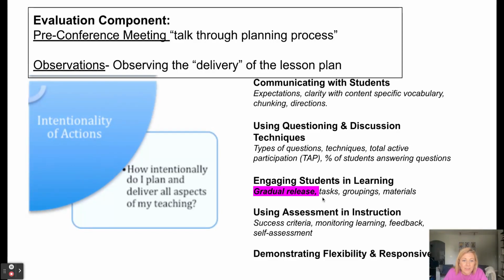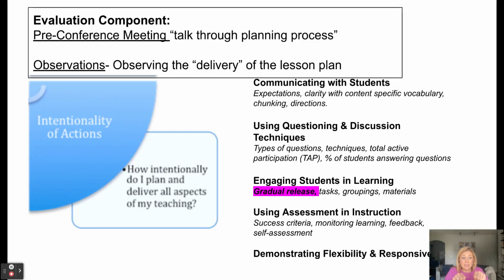My last 3 years evaluating, we were really focusing on gradual release. So a lot of our conversation was around how the teacher had planned for gradual release more than anything. An important part of that is assessment and instruction. And so I always knew what those assessment points were that the teacher had planned out before they were going to go to the next phase.